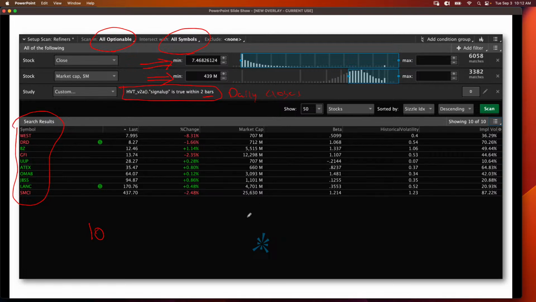And so then once I find 10, this is a manageable number. What else, when I'm scanning for a trade, am I looking for? Market cap, I already told you, I explained why. Above 500, so there's liquidity. Beta, what is beta? Beta is systematic risk.